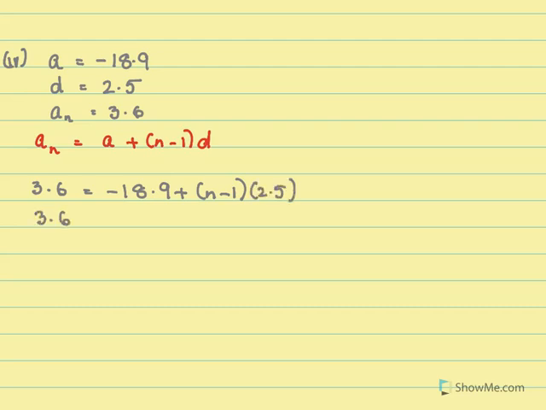So 3.6 equal to minus 18.9 plus 2.5 (n minus 1). Now we open the bracket: 2.5 into n is 2.5n, minus 2.5.